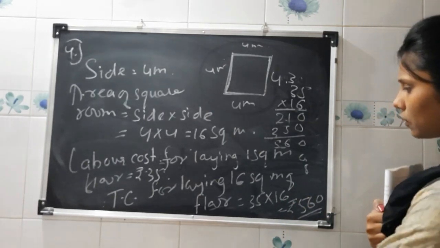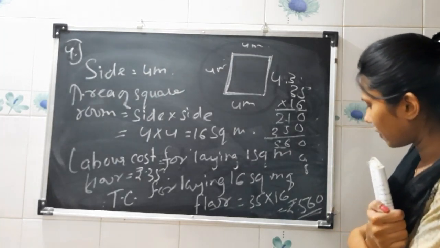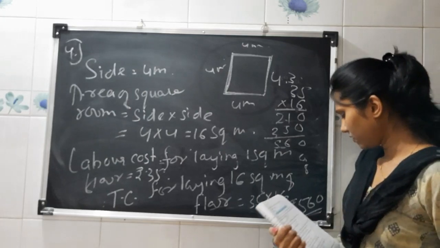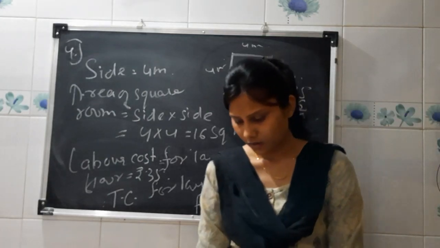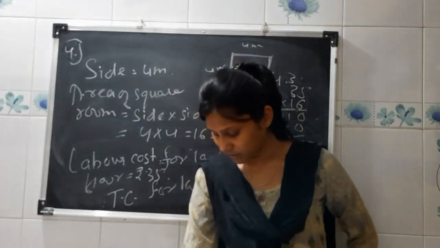Okay, so therefore the total cost for laying 16 square meter of floor is 35 into 16, rupees 560. Okay. So in this way we have completed the solved examples given on page number 73.